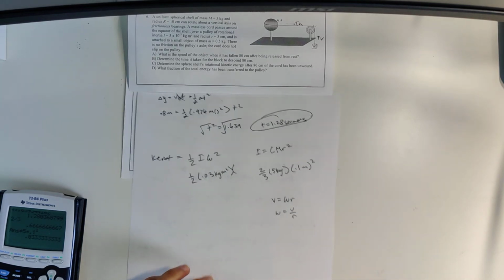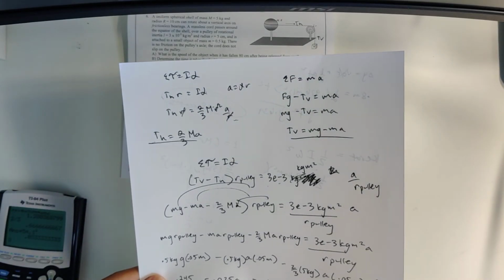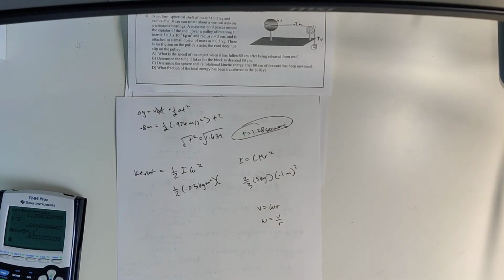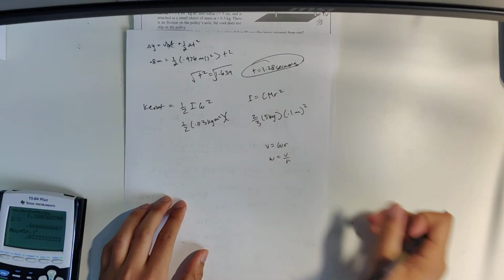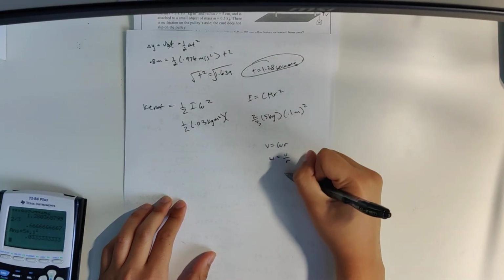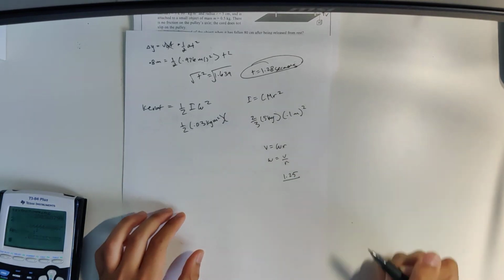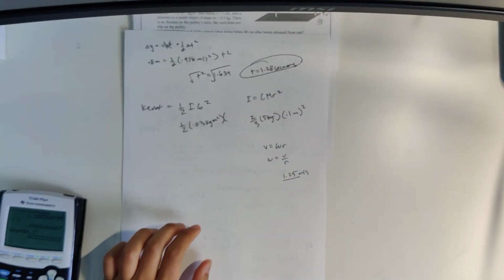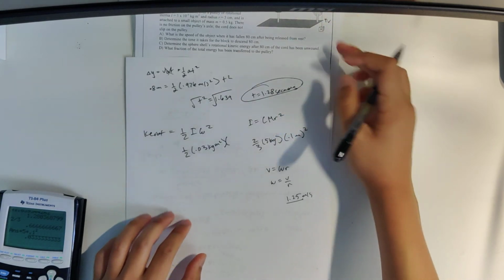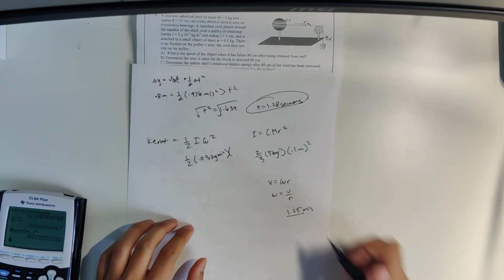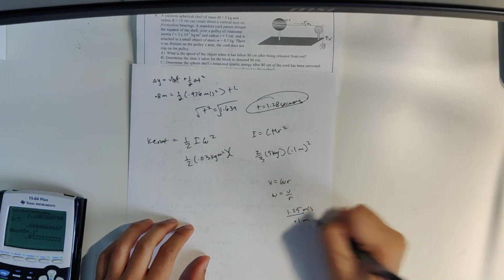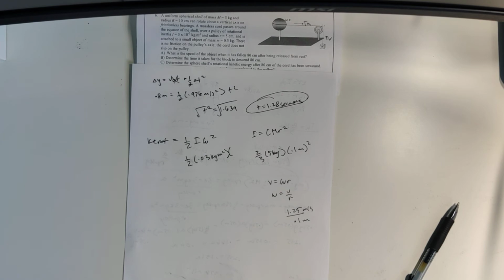Your v was 1.25 meters per second. And your r, in this case, because we're doing it for the sphere, would be 0.1 meters, 10 centimeters. 1.25 divided by 0.1.